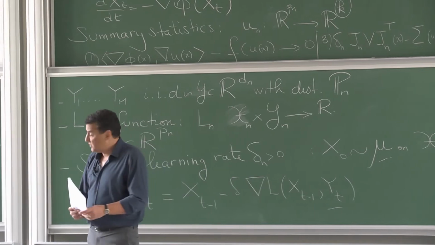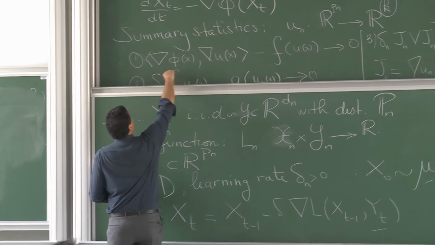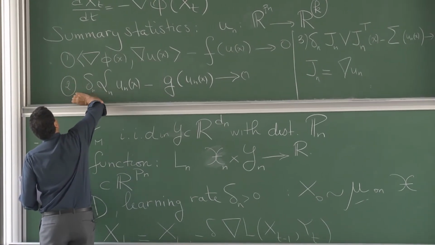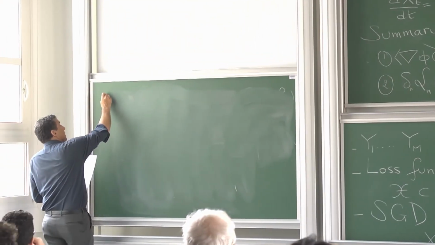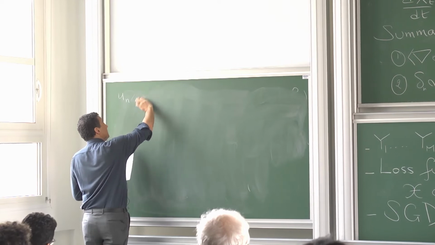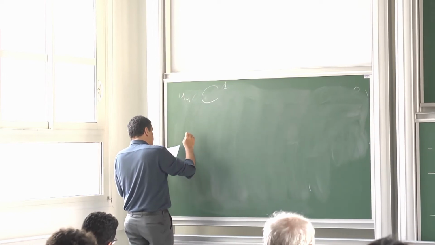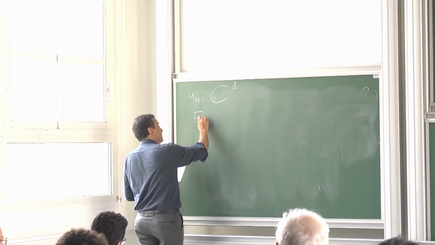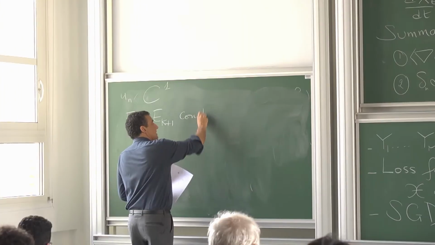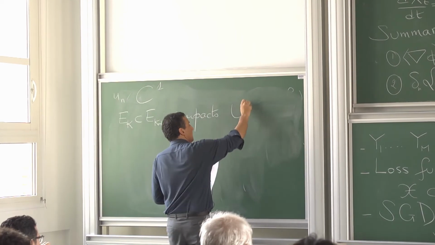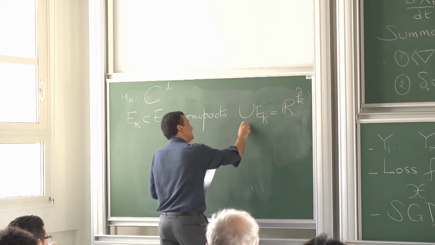So first we assume that our U_n are, let's say, C1. That's the minimum we can assume. We assume that there exists a sequence E_k, an increasing sequence of compacts that fill the full space R^k.